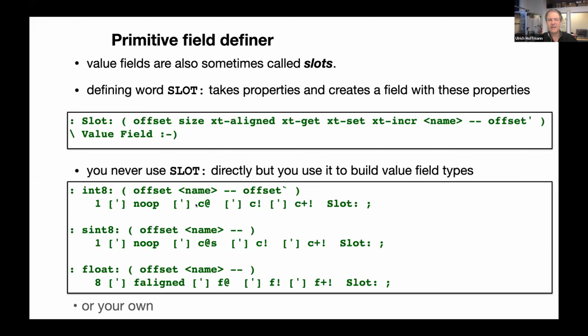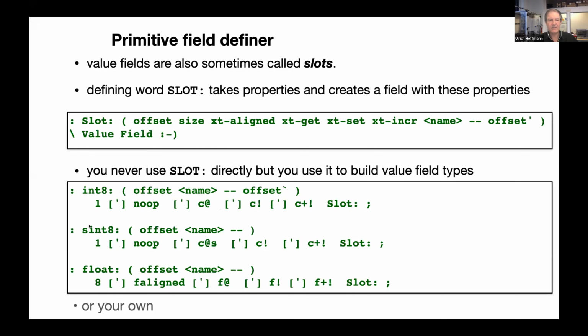No alignment is necessary. You do an int8 unsigned with a cfetch to get the value, you do a write with a cstore, and you do an increment with a c-plus-store. And this is how you do int8, an unsigned 8-bit value.